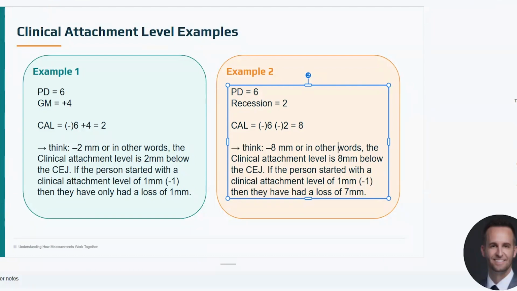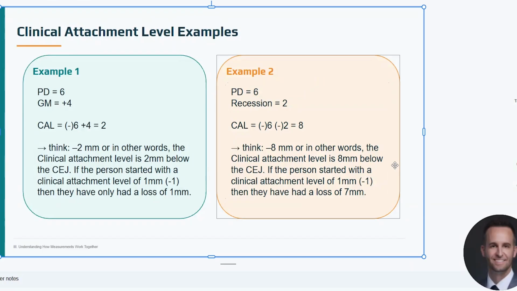So think to yourself, -8 millimeters on that axis. Or in other words, the clinical attachment level is 8 millimeters below the CEJ. If the person started with a clinical attachment level of 1 millimeter, or at the -1 mark, then they would have had a loss of 7 millimeters.